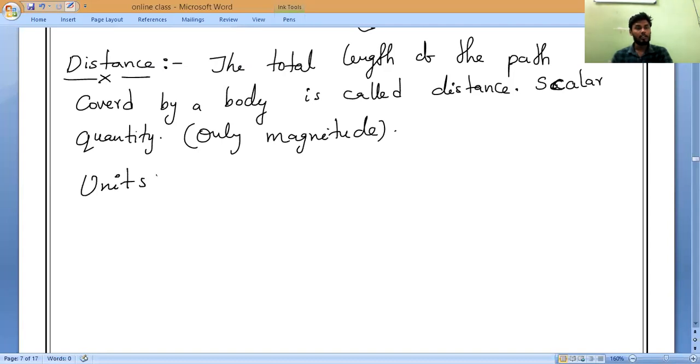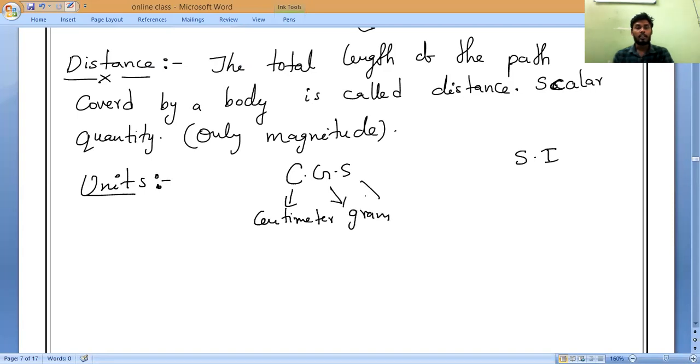Now, units. What are the units, guys? As I told you, we have two systems of units. One is the CGS unit, another one is the SI unit. For every physical quantity, you need to know these two units. CGS means centimeter, gram, second.